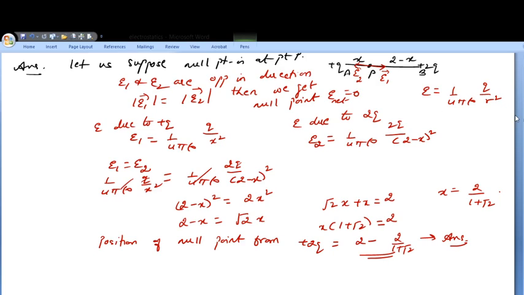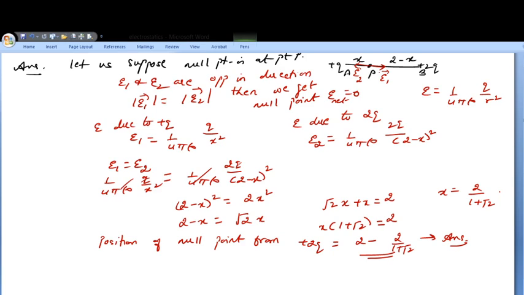As you can see in this numerical, your value of x is going to be small, and your value of 2 minus x is going to be bigger.